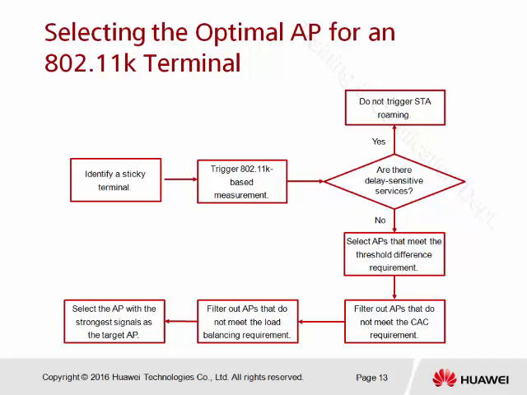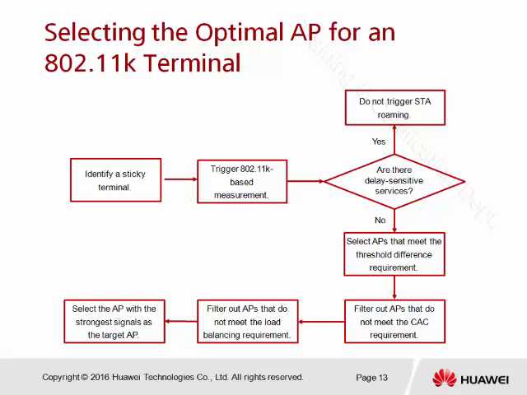So if yes, normally they don't trigger the STA for roaming. Even if the connection signal strength is very weak, they just don't want to cause an interruption. So this is the reason why they don't want to trigger the roaming here.